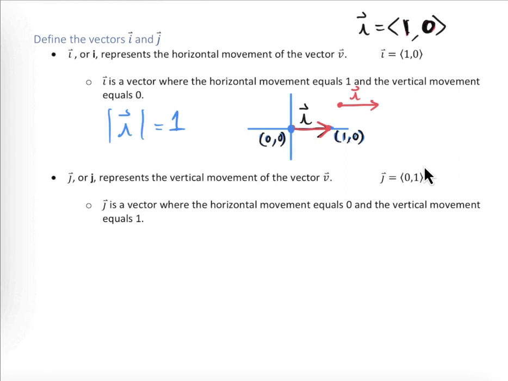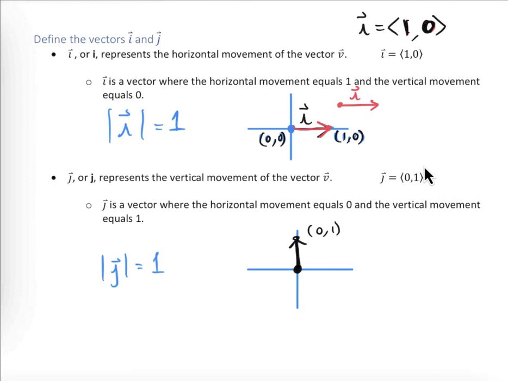Vector j is also a unit vector, which means that its magnitude is also going to be 1. But vector j is a unit vector that's going to be pointing straight up. So if we start vector j at the origin, its terminal point would be the ordered pair (0, 1). Because it has a magnitude of 1, the length of this vector is equal to 1.